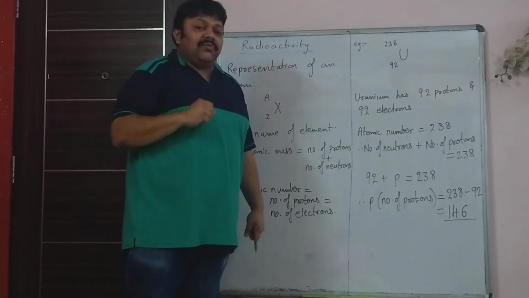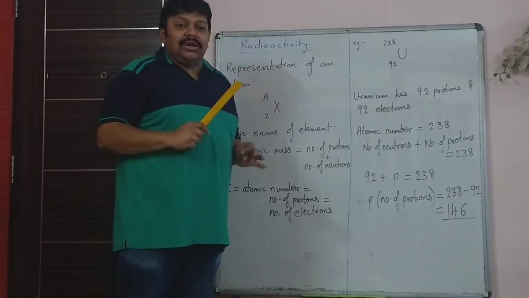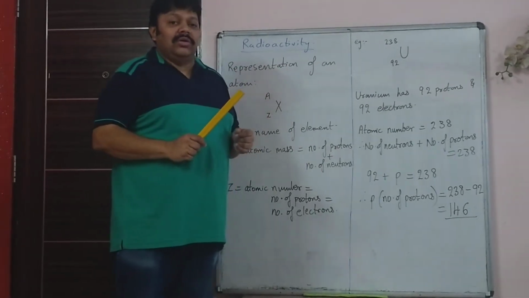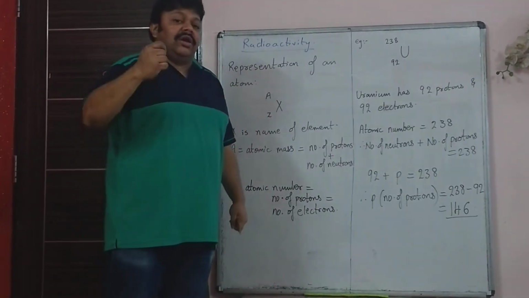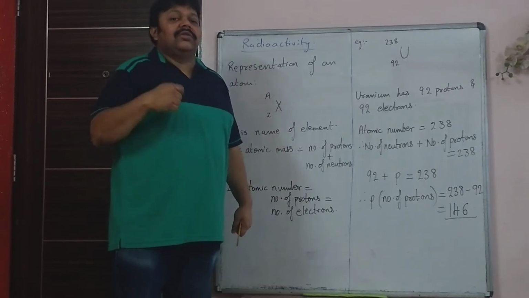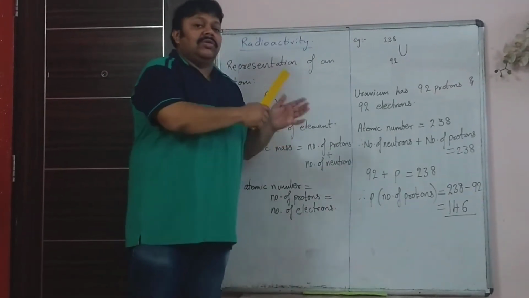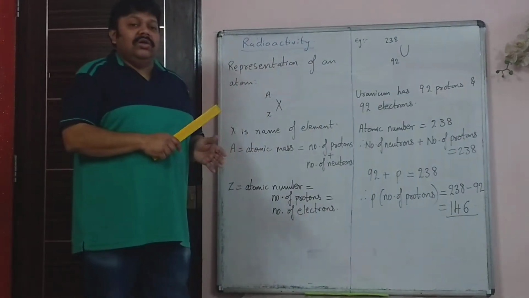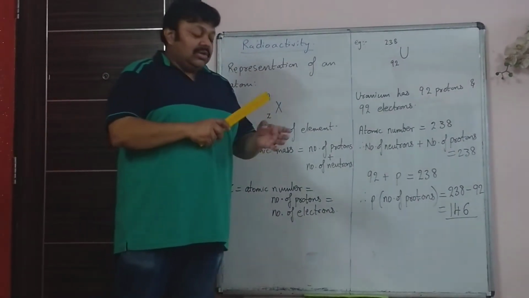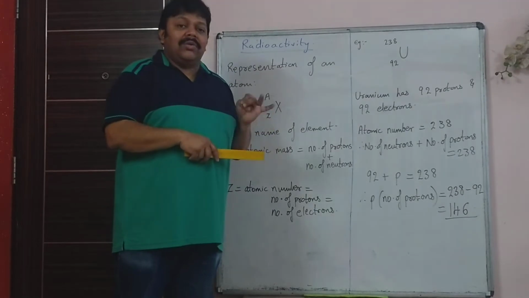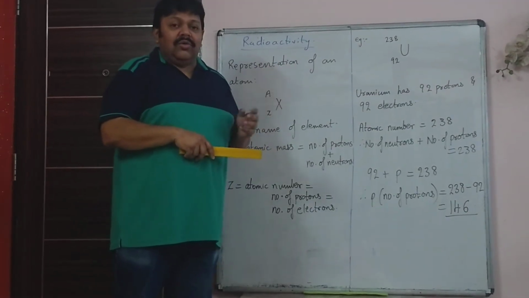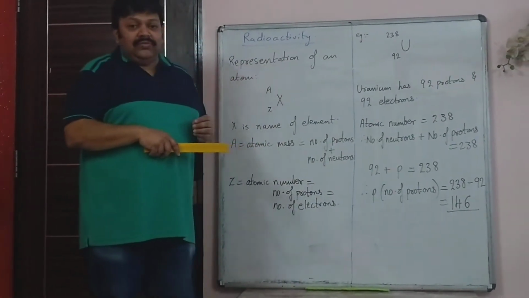There are two types of particles, alpha and beta particles, which are emitted from the nucleus, and there is also a radiation that is emitted, that is gamma radiation. So in this chapter we will be learning about the three types of emissions, and when a nucleus emits an alpha or a beta particle or gamma radiation, what happens to the atom?